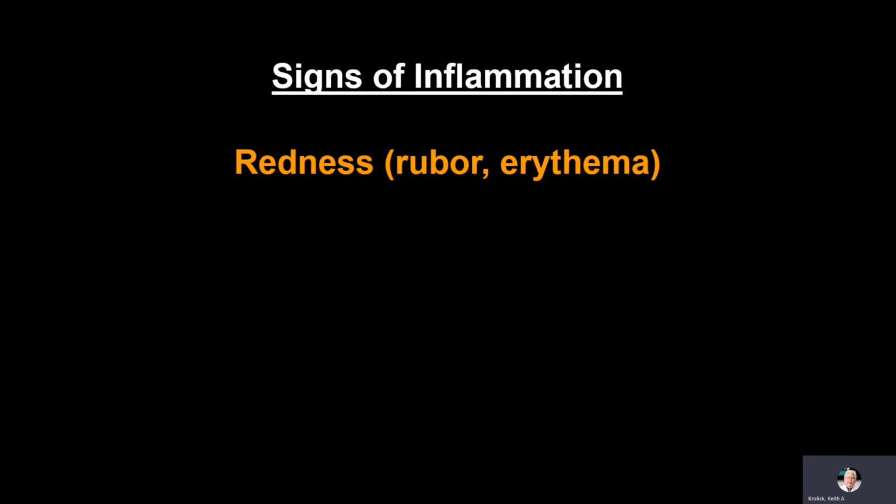So the red blood cells come out of the vasculature in the area of the infection, and the red blood cells are red. And so this red color that comes out with those red cells creates a reddish color or tint to the skin surrounding the area of our cut finger. So redness, that's probably one of the first signs that something's going on.